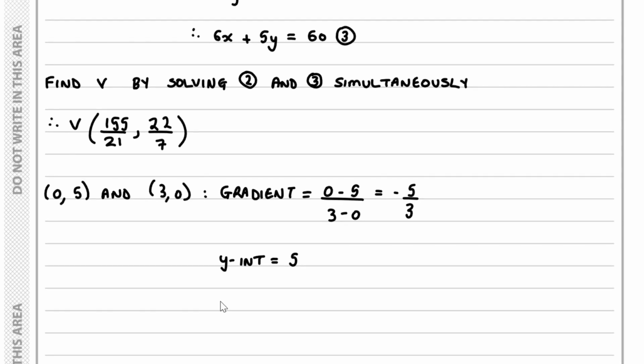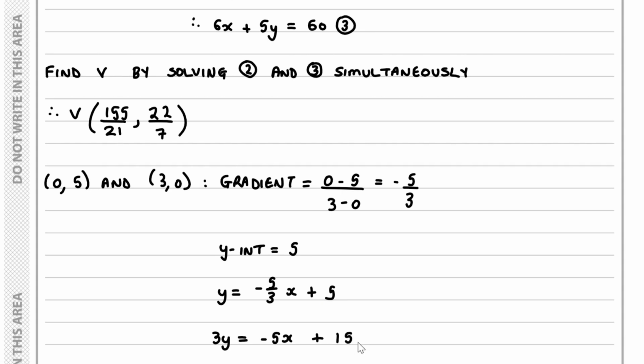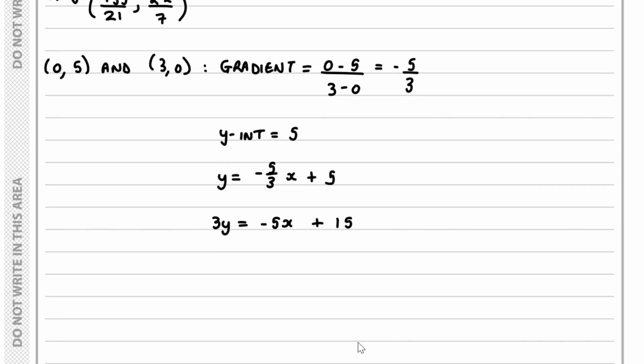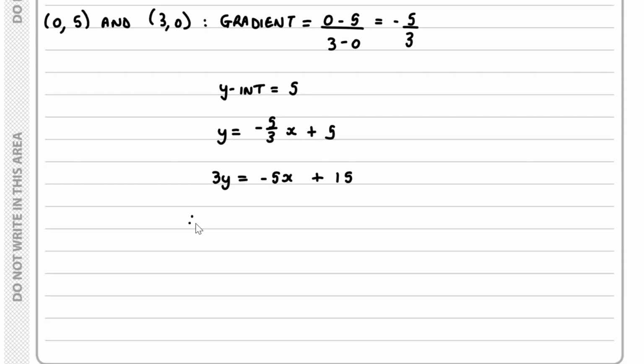So we've got y equals minus 5 over 3x plus 5. 3y equals minus 5x plus 15. And therefore, we end up with 5x plus 3y equals 15.